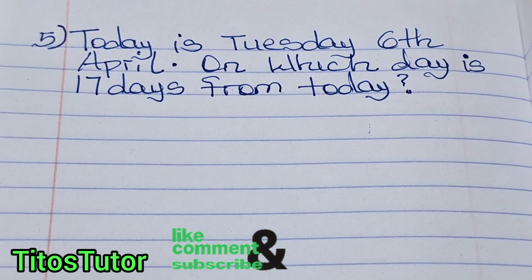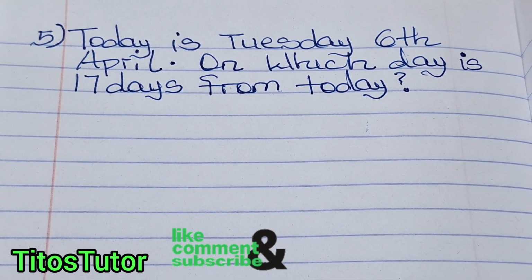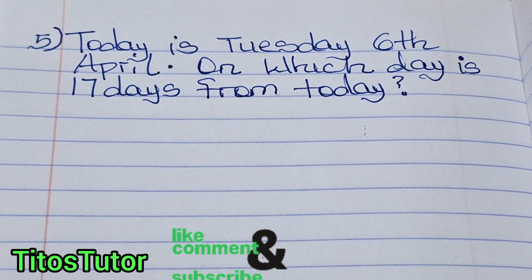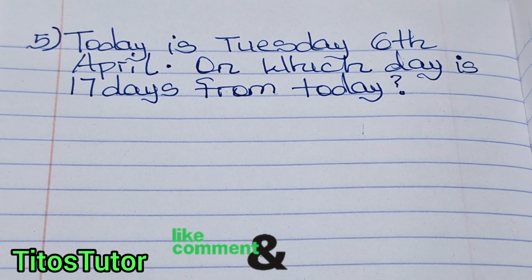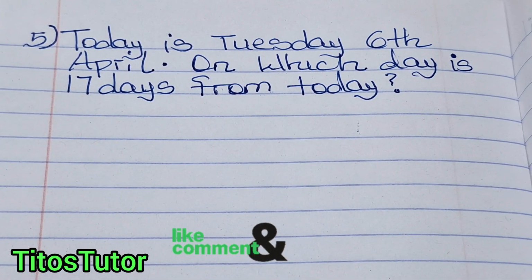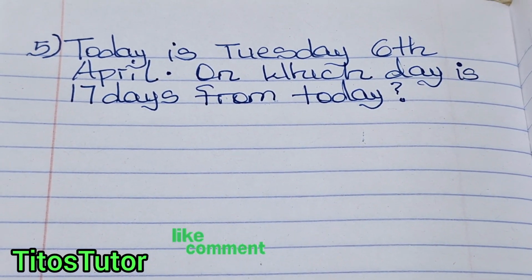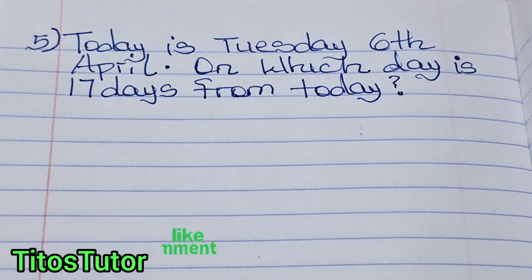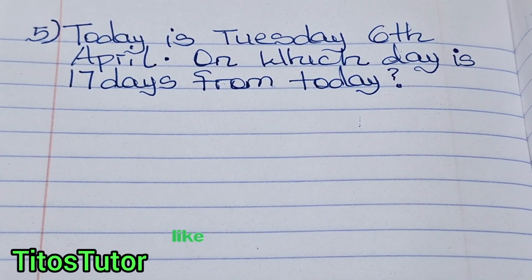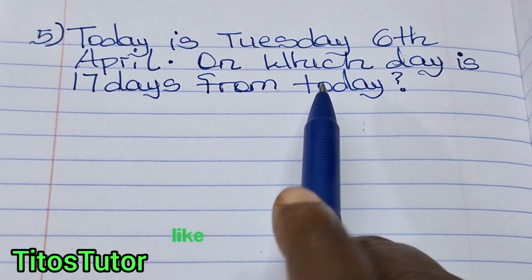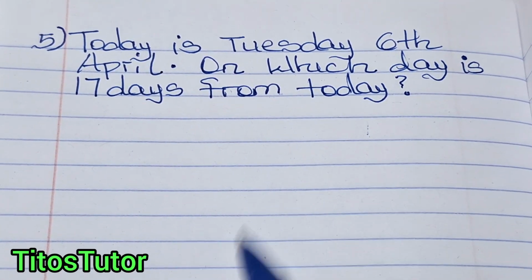Okay, so here is the last question for this video, and it says, today is Tuesday, 6th April. On which day is 17 days from today? Remember that we have 7 days in a week. And when you're asked on which day, that means the day of the week.